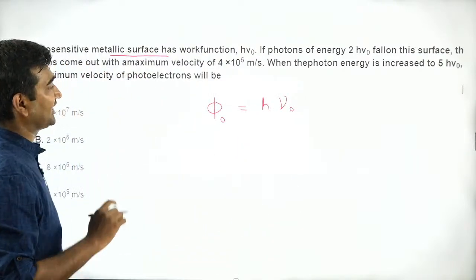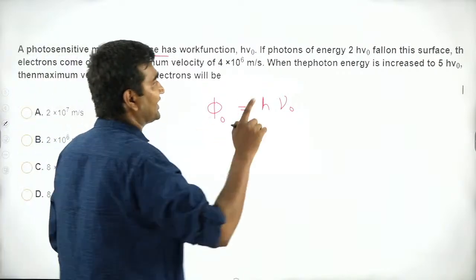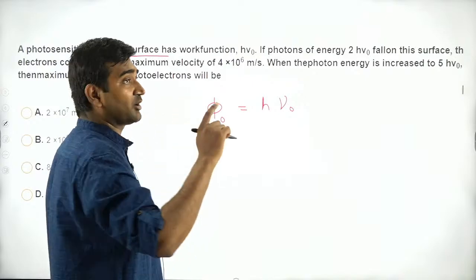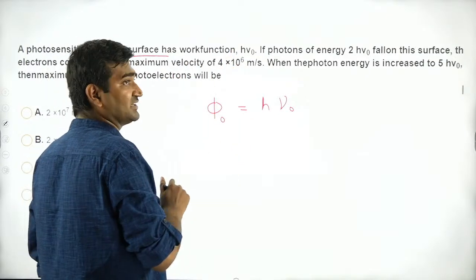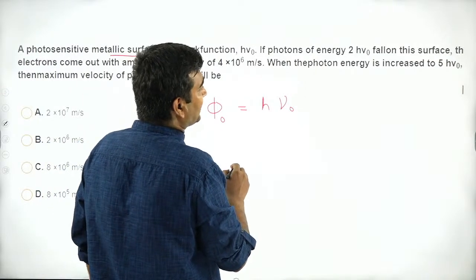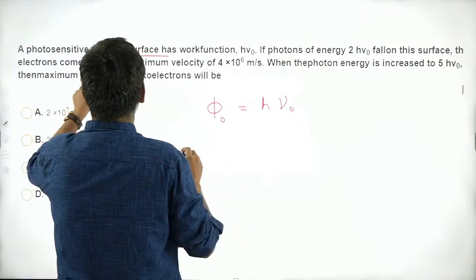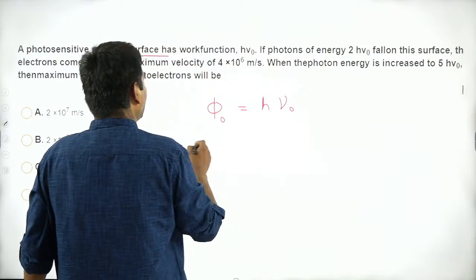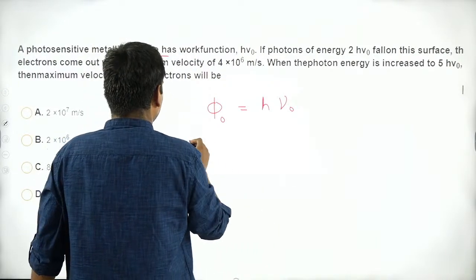Now the question is saying that if photons of energy 2 h nu naught fall on the surface, that means incident energy, that is the first part. The electrons come out with a maximum velocity of 4 into 10 power 6. That means I can take two cases.